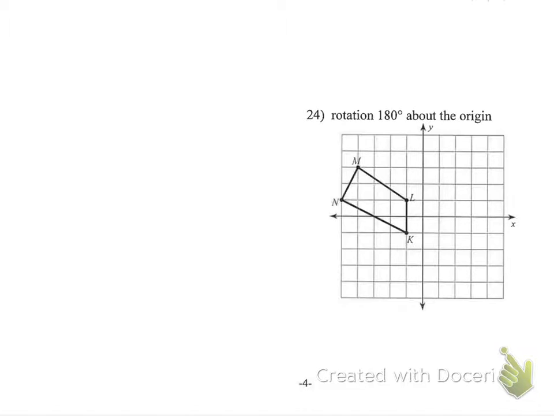All right, we're going to rotate 180 around the origin, number 24, and we just want to list those coordinates. First thing we'll do is recognize this is 180 degrees. The rule states that for 180 degrees, (x, y) rotates into (-x, -y), so we just change the signs. We have these 4 points, so let's get their coordinates.